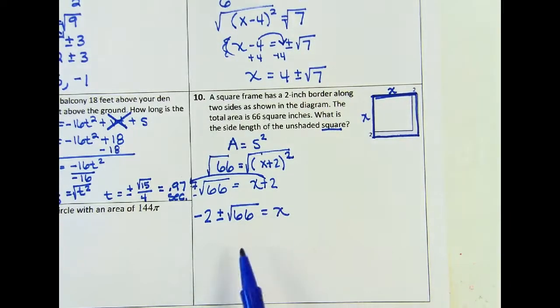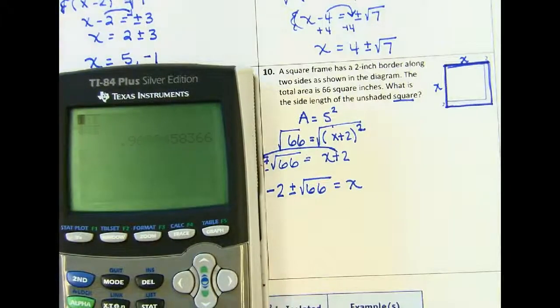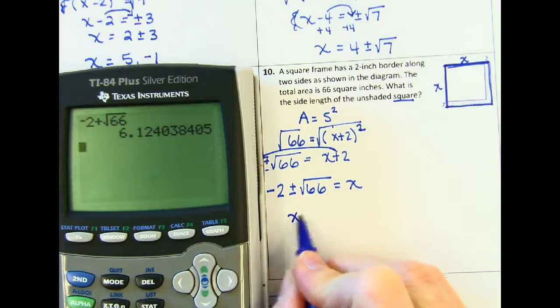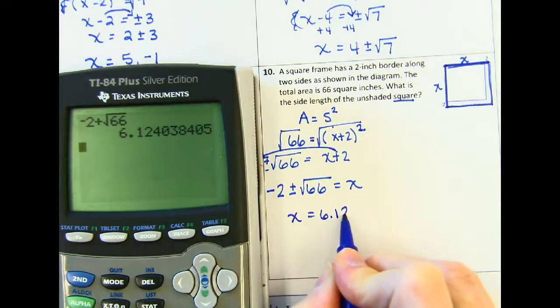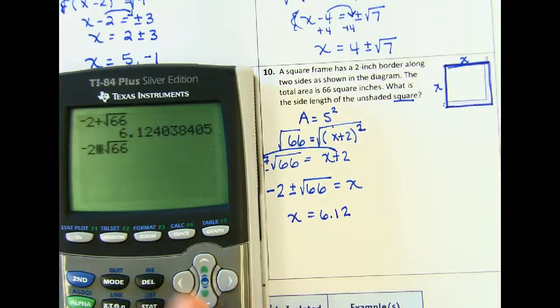Now, once again, I am in a real life situation, so this exact answer really doesn't make much sense. So I turn to my calculator and I type in negative 2 plus the square root of 66, and I get a positive answer of 6.12. And then the next answer is going to give me the negative answer.